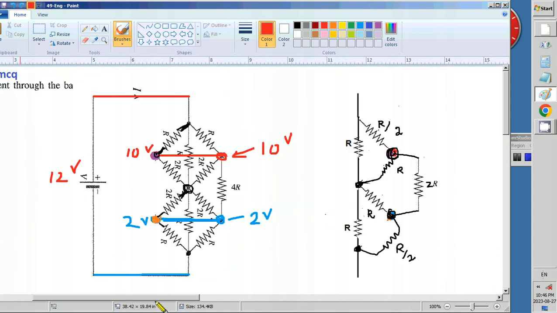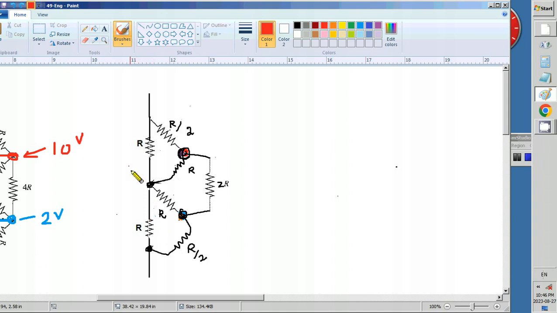So if these resistors are equal, R and R, how does the voltage appear across these resistors?